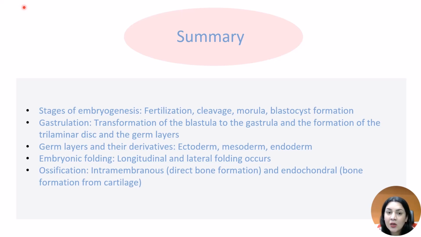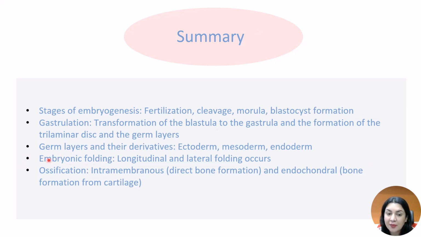And of course, we spoke about the formation of the trilaminar disc, which occurs through the process of gastrulation, wherein the blastula becomes a gastrula. That bilaminar disc, the epiblast layer and the hypoblast layer, goes on to give you a trilaminar disc with three layers: the ectoderm germ layer, the mesoderm germ layer, and the endoderm germ layer.